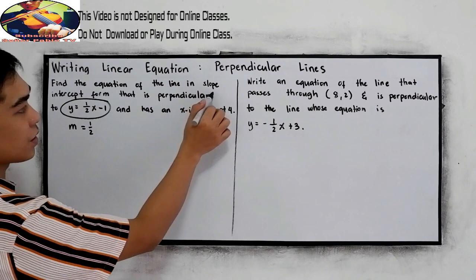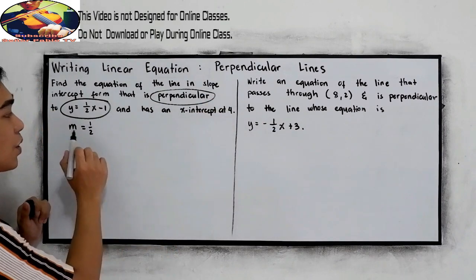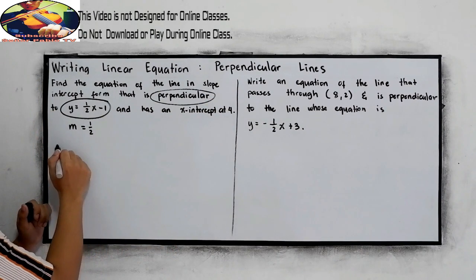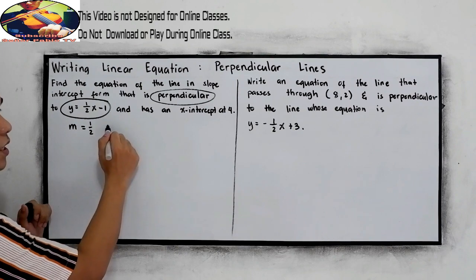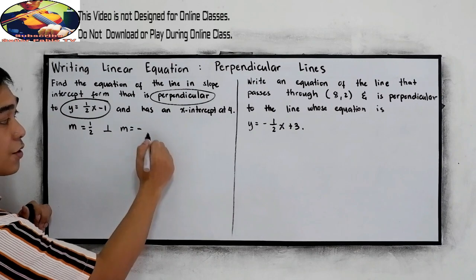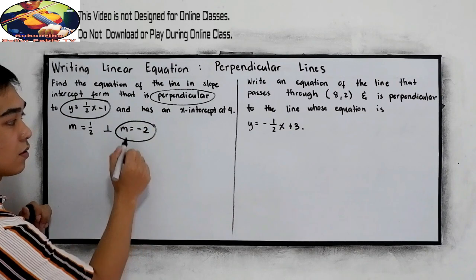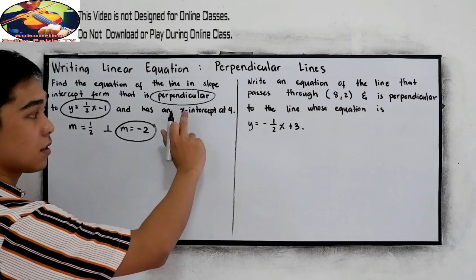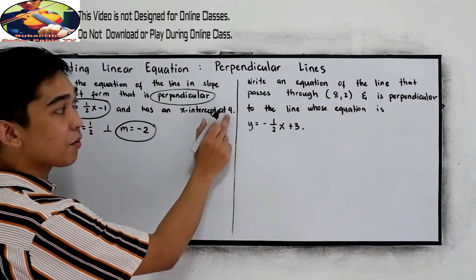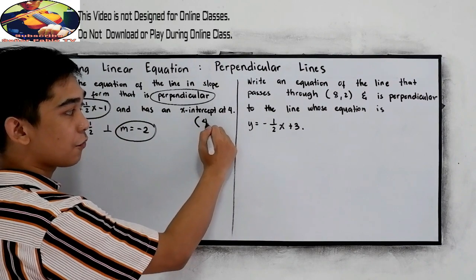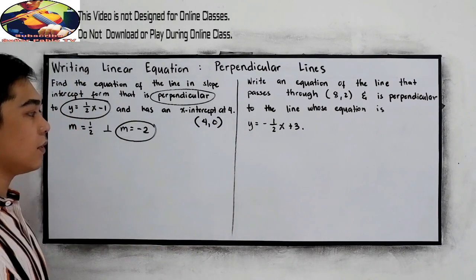We know that the slope here is 1/2. Since we are dealing with perpendicular, we need to get the negative reciprocal of this. So the negative reciprocal of that is -2. So -2 will be our slope and it has an x-intercept at 4, so the point will be 4, 0.